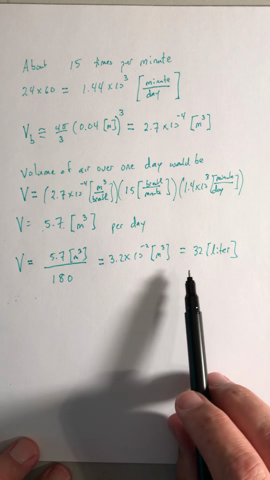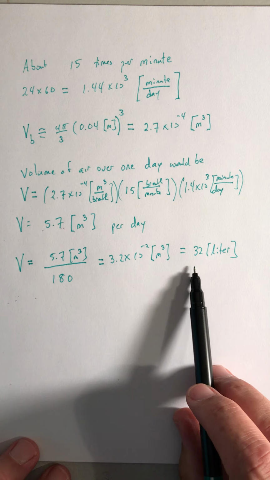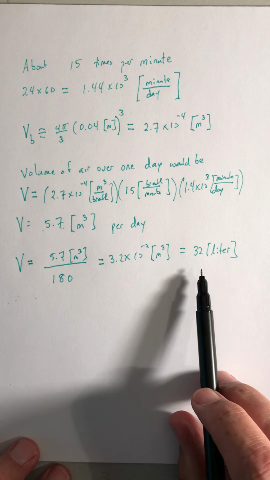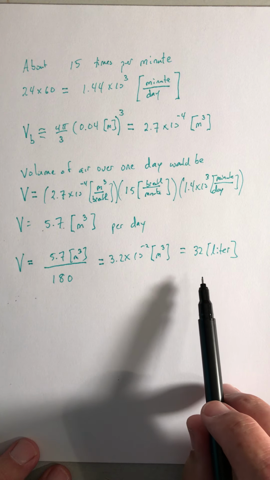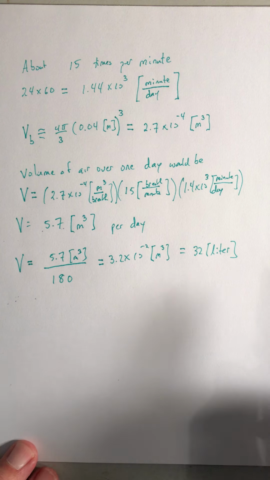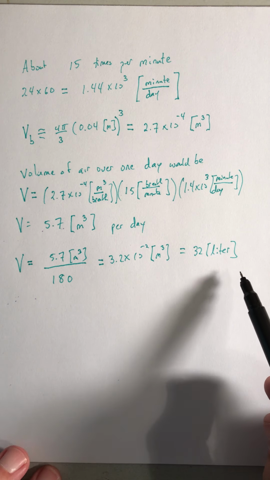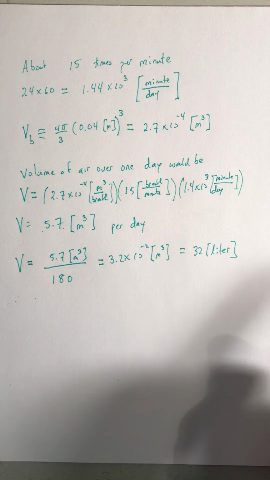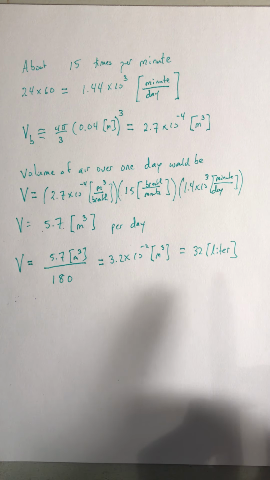Now, as a little check on this, the amount of volume in a scuba tank is about 3 liters, and that would be enough air for you to breathe for about 1/10 of a day.